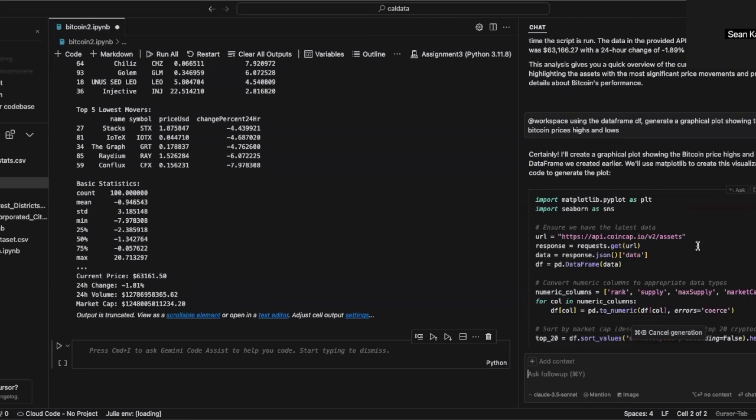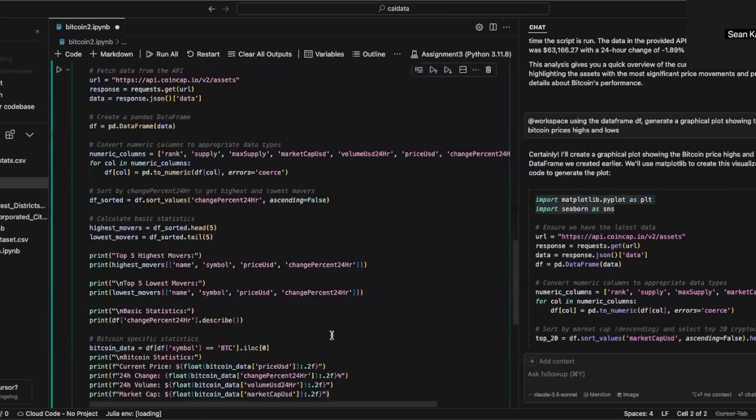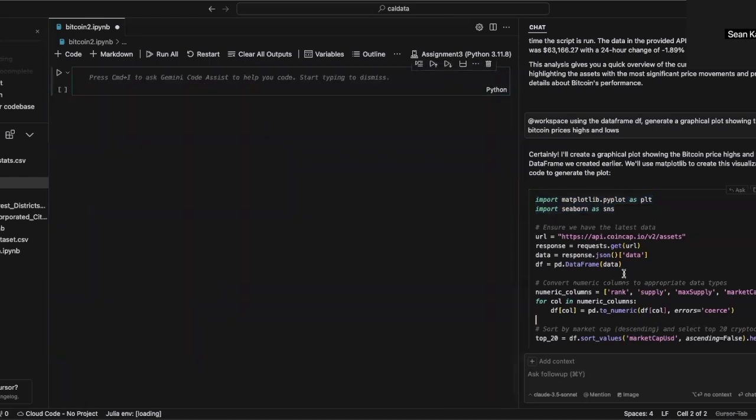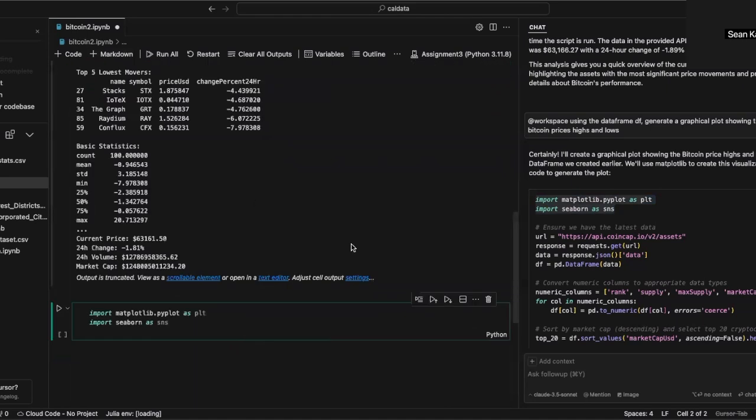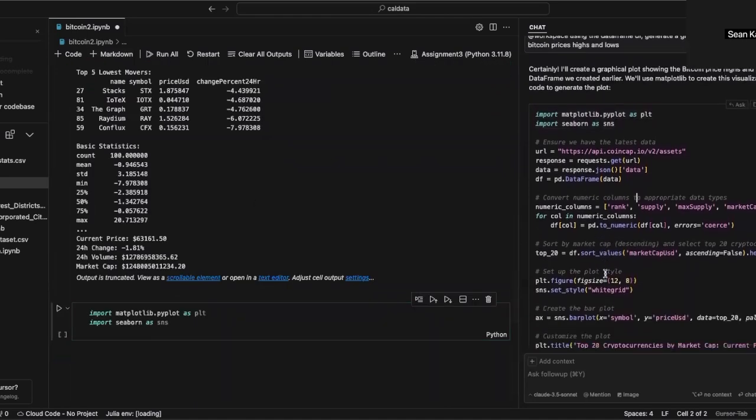So it's doing it all over again in terms of generating the plot. So we're going to take just pieces of it. Oops. I'm going to just take pieces of this, since we already created the data frame.